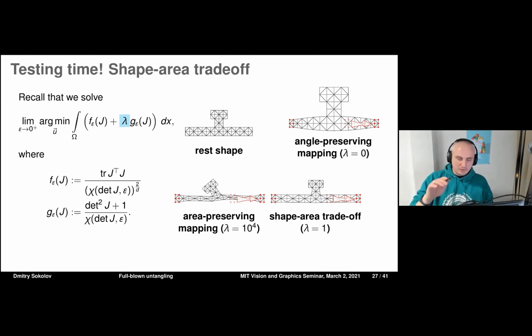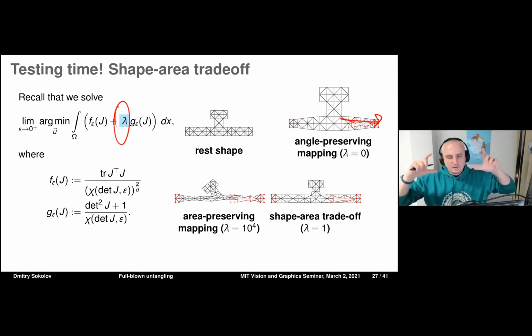Here we illustrate the influence of the parameter lambda. I have performed the three free boundary optimizations with different values of lambda. If we set lambda to 0, we are asking for an angle preserving map. So you can see that upon stretching, the area of the triangles is forced to change to keep the angles.